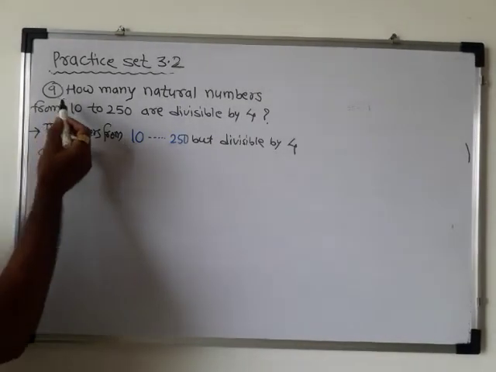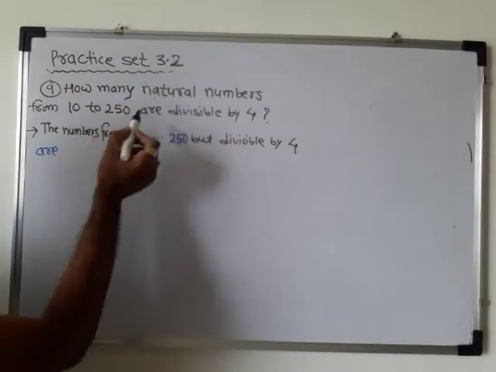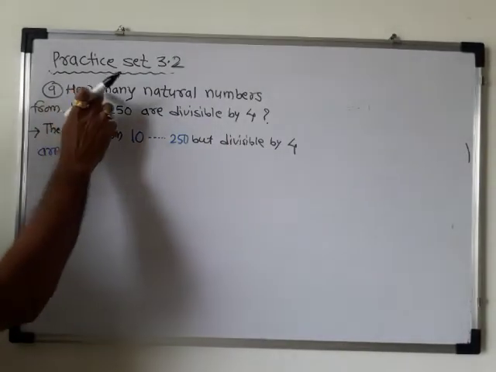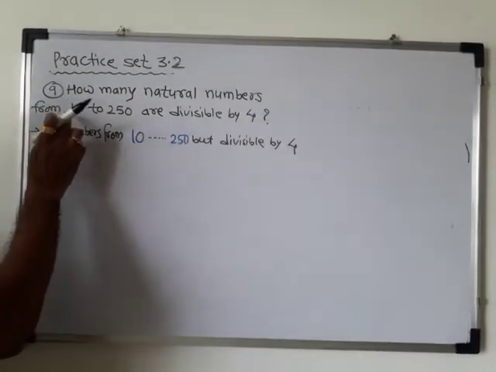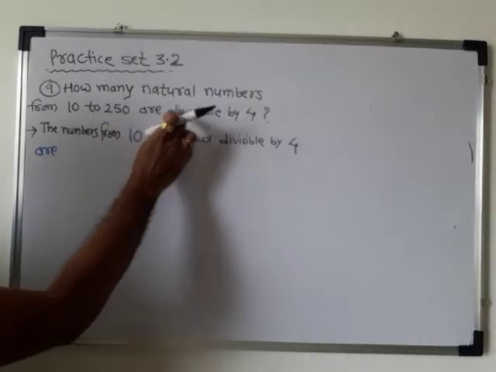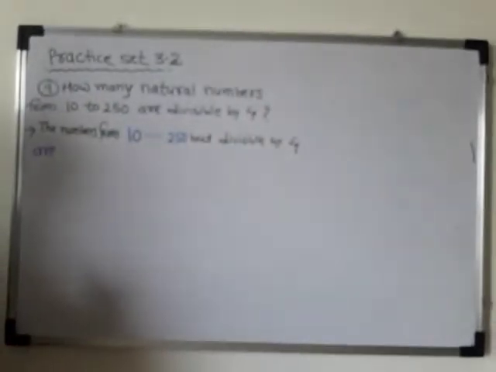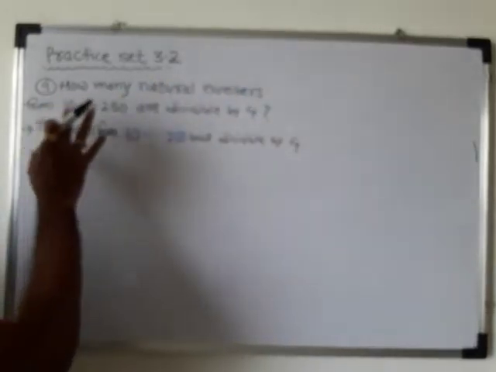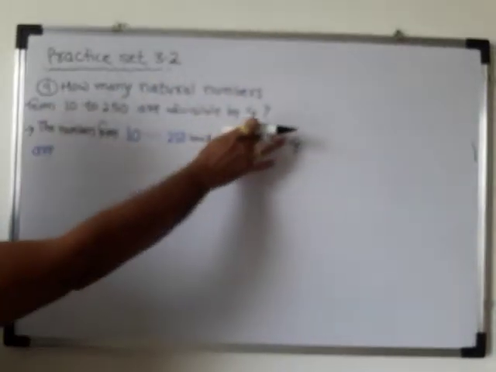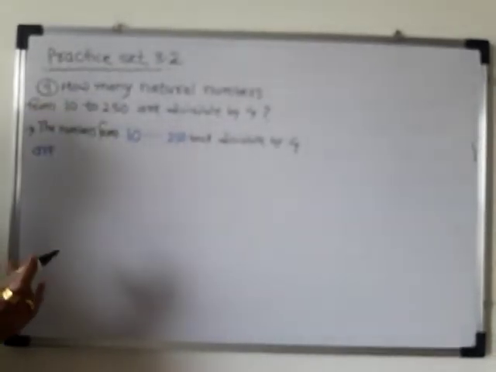Now the ninth sum from the practice set 3.2. Listen, how many natural numbers from 10 to 250 are divisible by 4? How to solve this sum? How many natural numbers are divisible by 4 in that sequence 10 to 250?